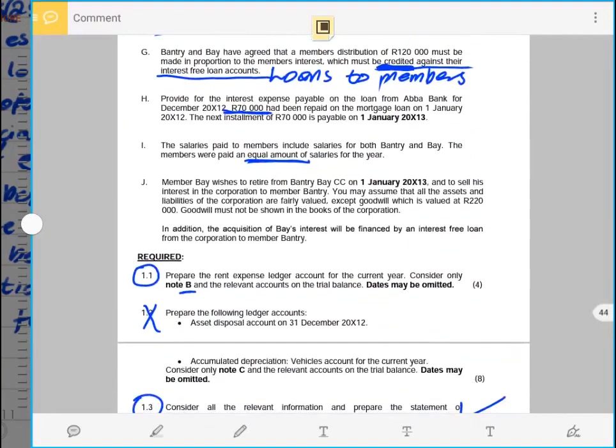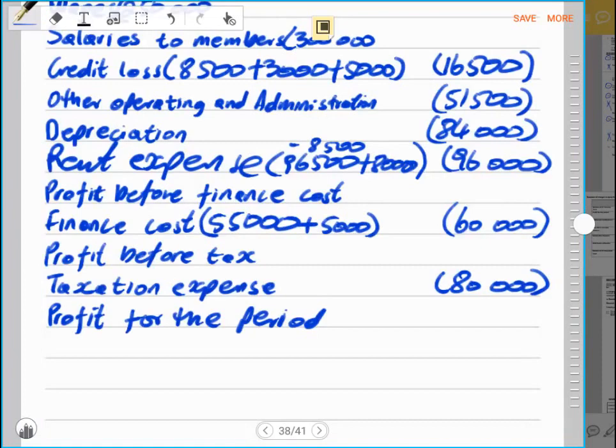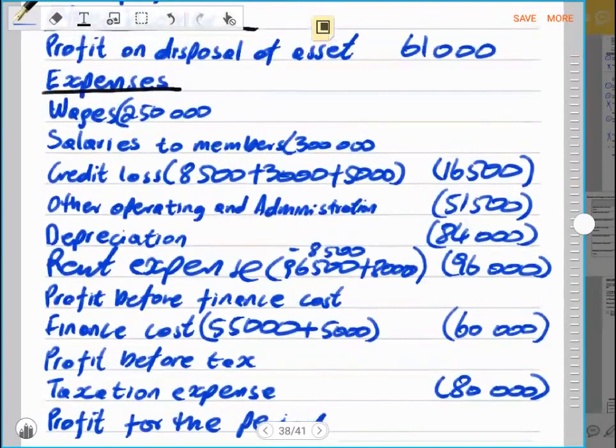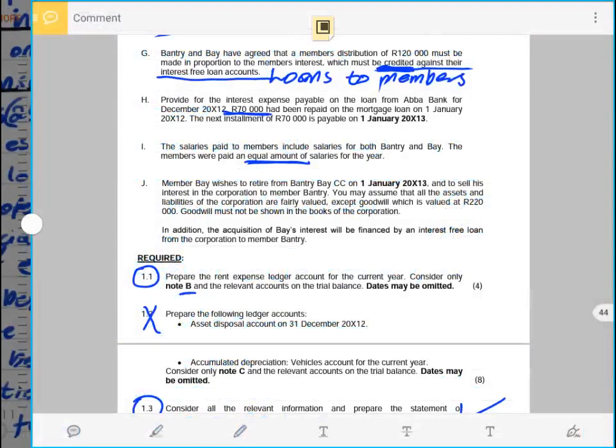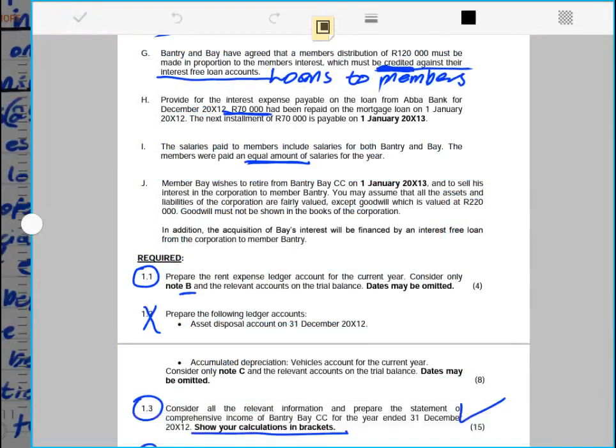Then now we have to record those salaries under the total, because that is just information telling us that there was no further adjustment, but our salaries will be 300,000 rands, which is 150,000 rands and 150,000 rands for each member. Then that gave us 300,000 rands.